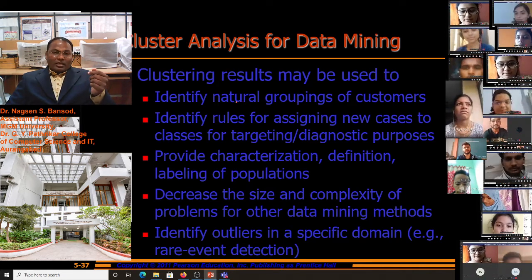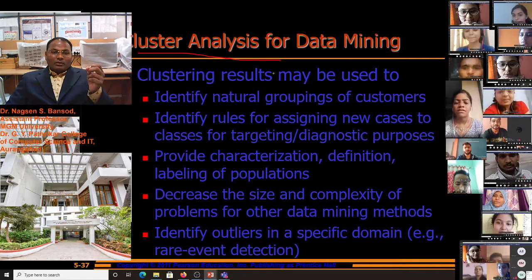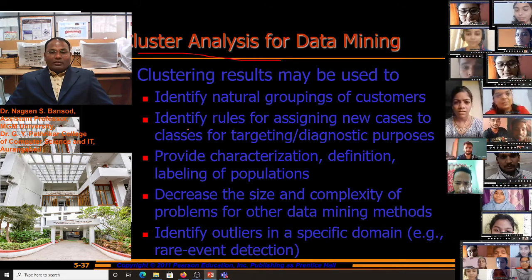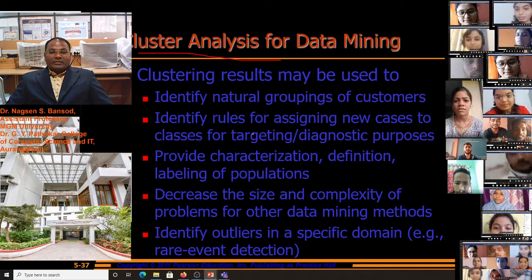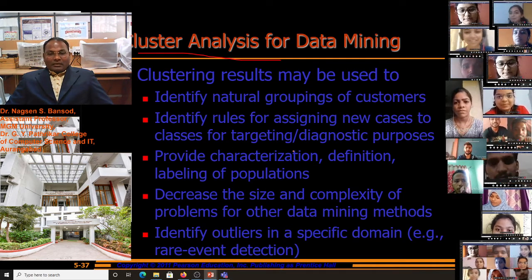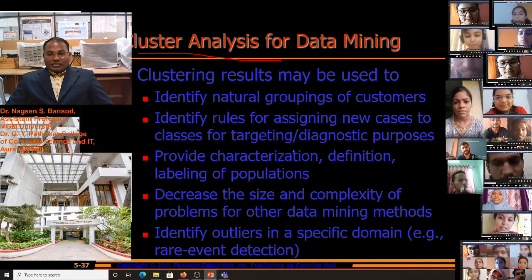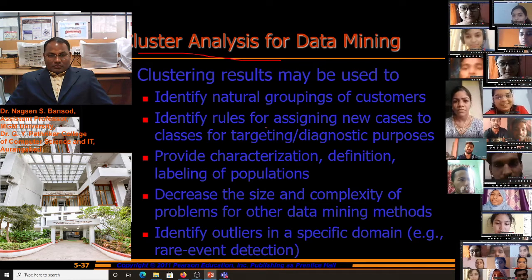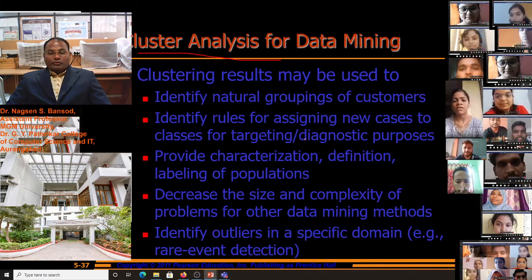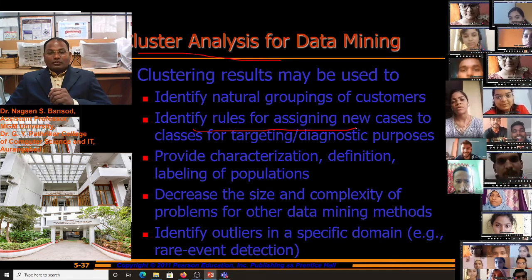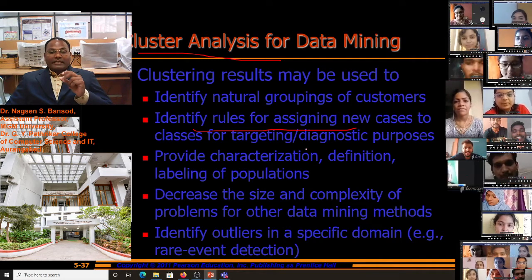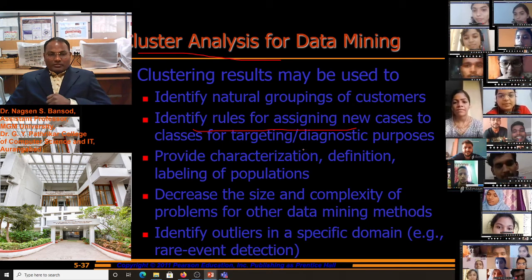We can find these with the help of clustering analysis. Clustering analysis can be used for identifying the rules for assigning new cases to classes for targeting and diagnostic purposes.